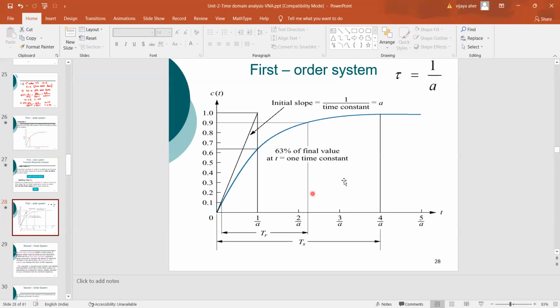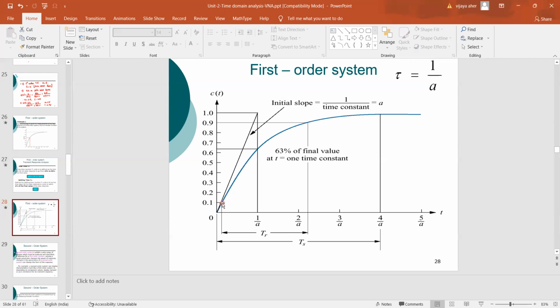Now, talking about rise time. According to the definition of rise time, your system response for a first order system should go from 10% to 90% of its maximum or final value. The final value is 1, so 10% is 0.1 and 90% is 0.9.